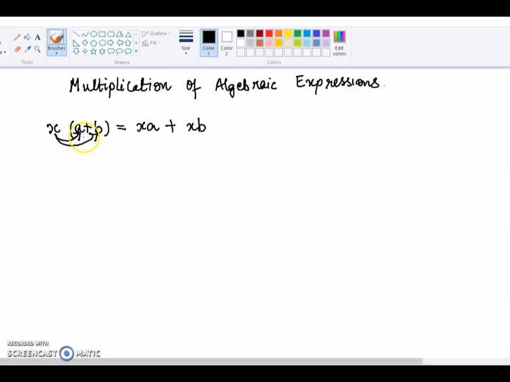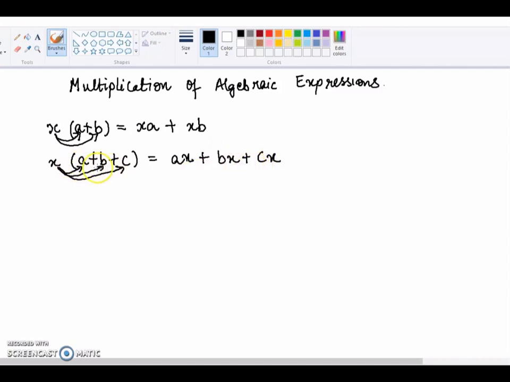Suppose this is a trinomial, same way it will be done. x into a plus b plus c, suppose. Or more number of terms are there. Then also x will be multiplied with the first term, second term, third term. So it will be ax or xa plus bx plus cx.